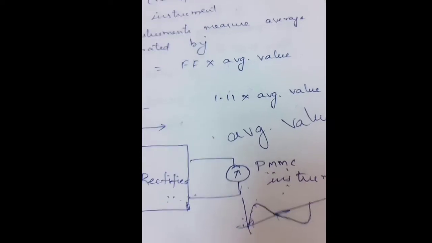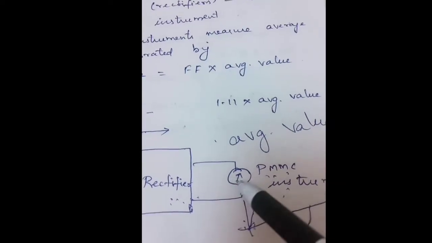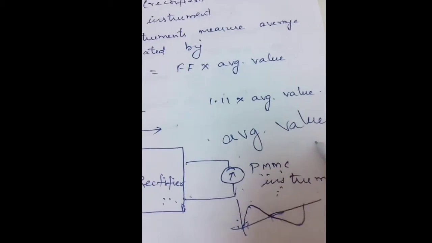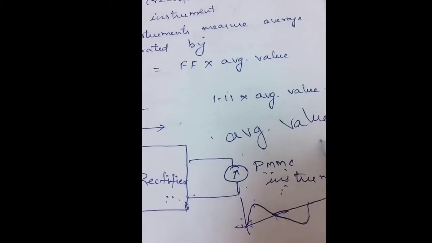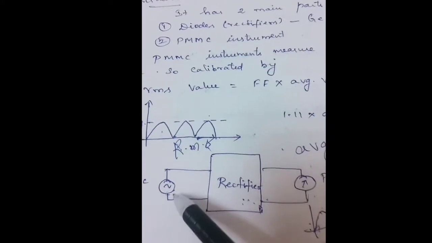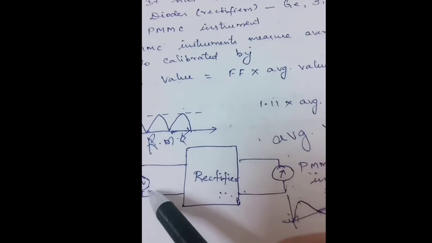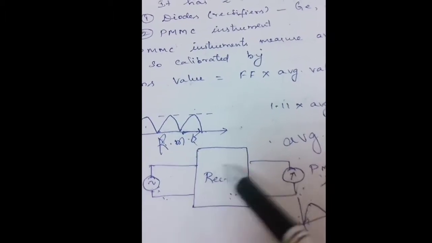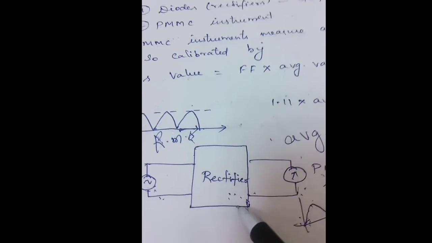The normal PMMC instrument represents only the average values of currents and voltages. So when we use a PMMC instrument for measuring AC values, we need to calibrate this instrument before using it for our measurement purpose.